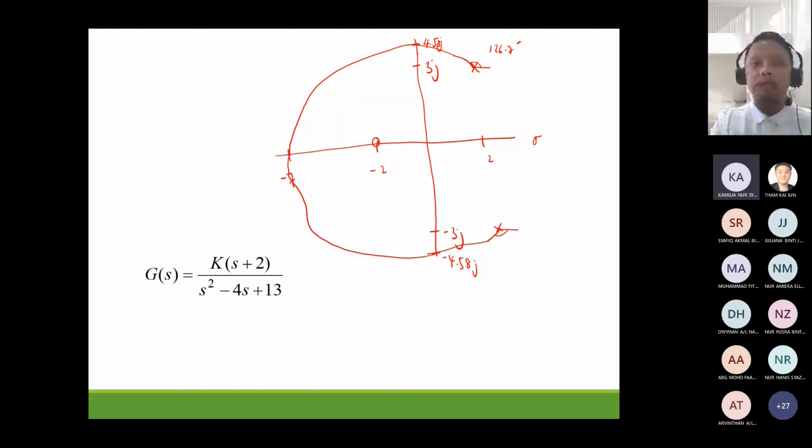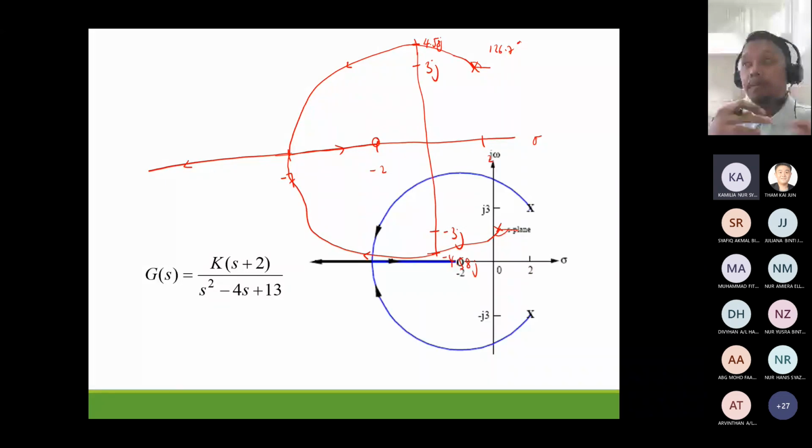Both of the branches must break into the same point because you want to make sure it is symmetric. And then when it breaks into the real axis, one of them will go to this zero, and another branch will go to infinity. Okay, so that's why you get sort of like a circle shape, like in this blue color.